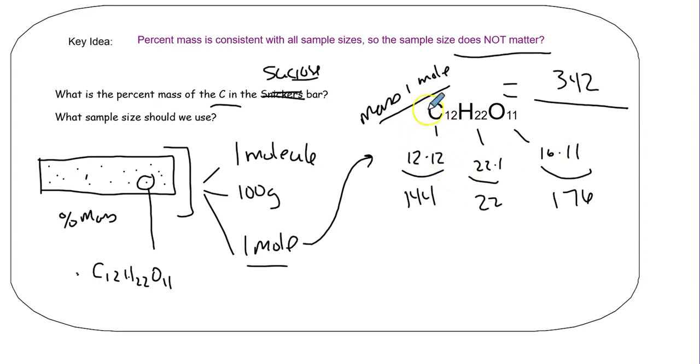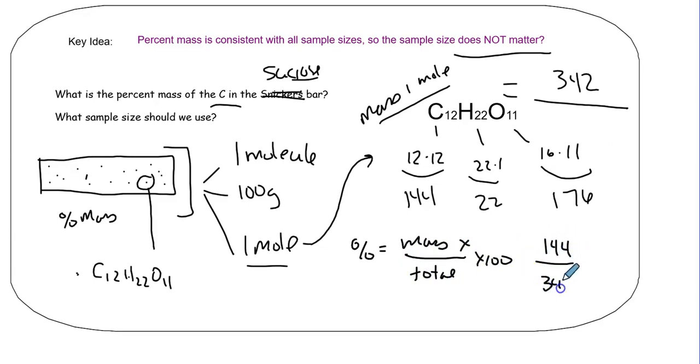So lots of kids can see this pretty easily, that the whole thing weighs 342. Therefore, how much of it is contributed by the carbon? Let's go back to our percent mass formula. Percent mass is the mass of X divided by the total, times 100. So that's going to be 144 divided by 342 times 100 will give me my percent mass carbon. Is that half? It's going to be close.